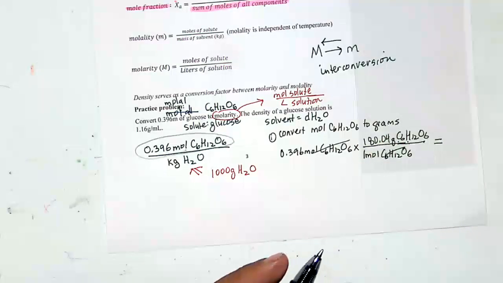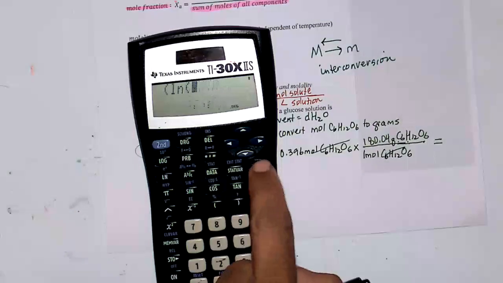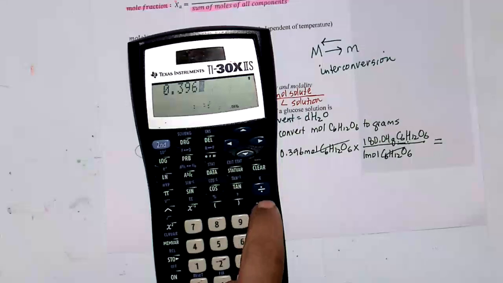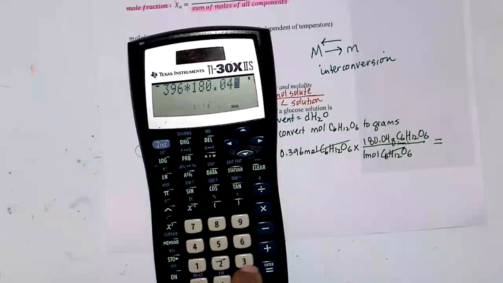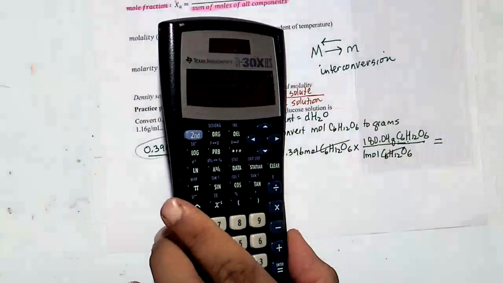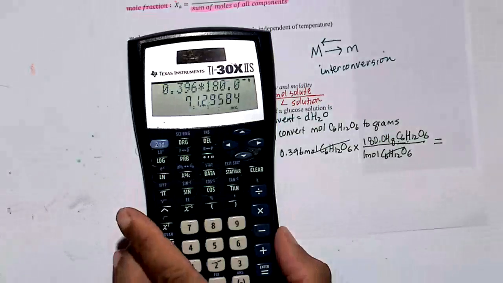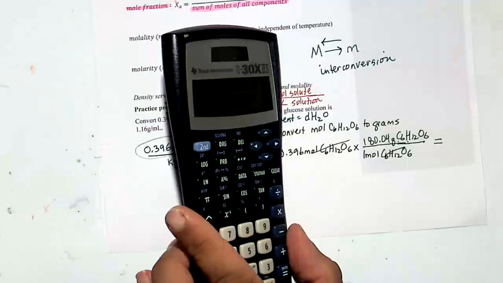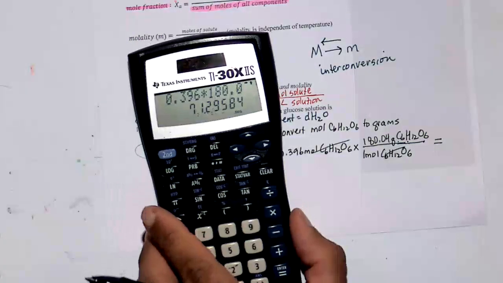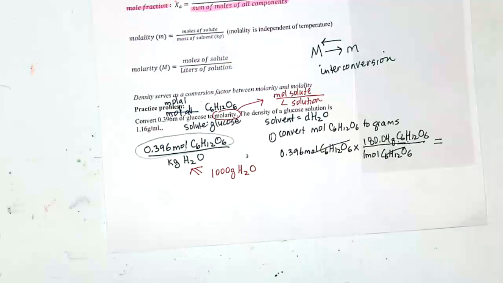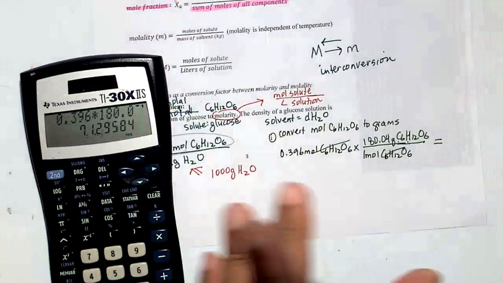What is this on our calculator? I'm getting 71.296 grams.